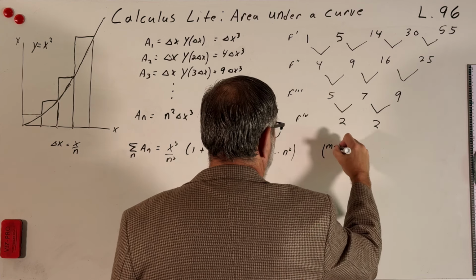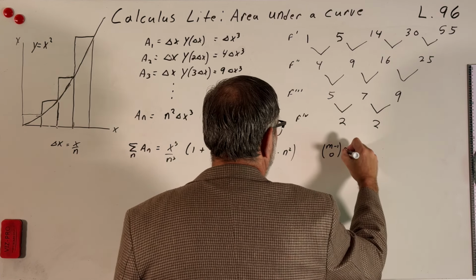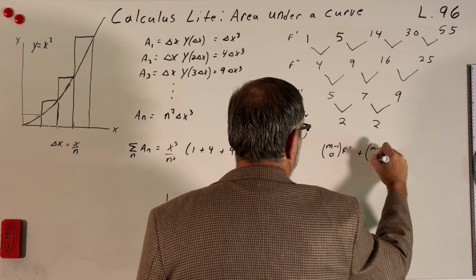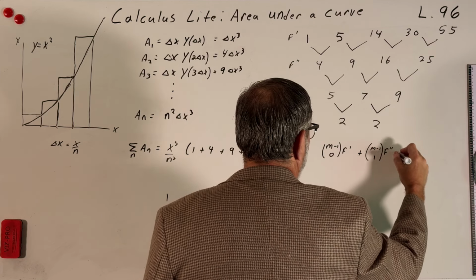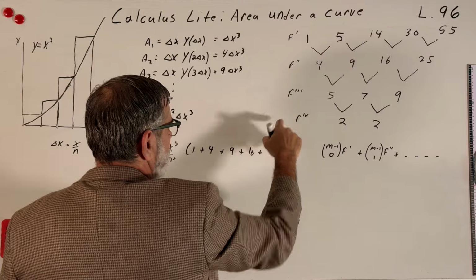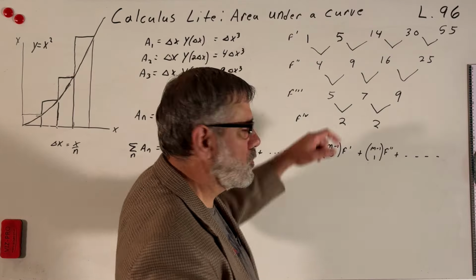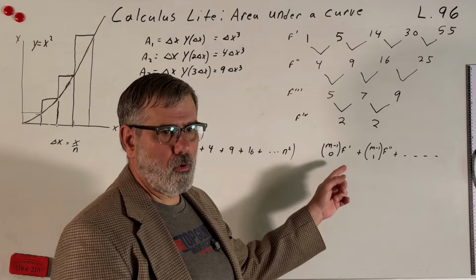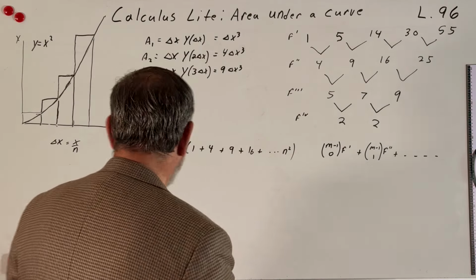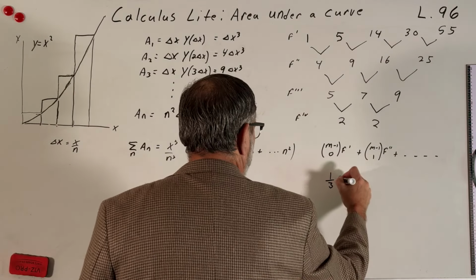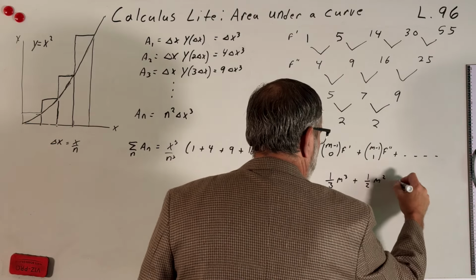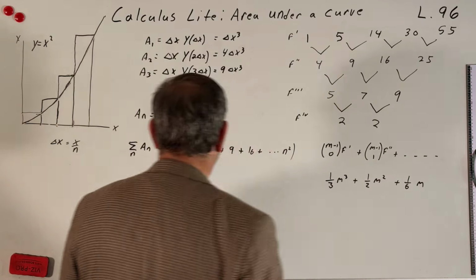You do the same thing with n minus 1 choose 0 times f prime, plus n minus 1 choose 1 times f double prime, plus et cetera, for all of these terms, right? So you've got a 1, a 4, a 5, and a 2 as a prefactor. Okay, so I'm going to leave it up to you to do the algebra on this. But what you should find in the end is 1/3 m cubed plus 1/2 m squared plus 1/6 m.